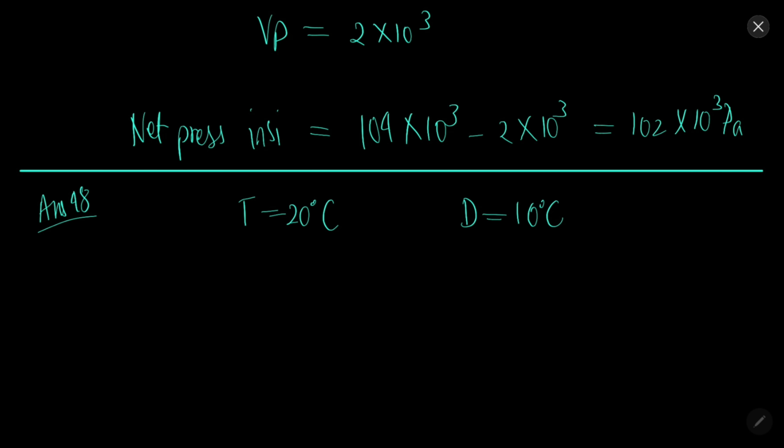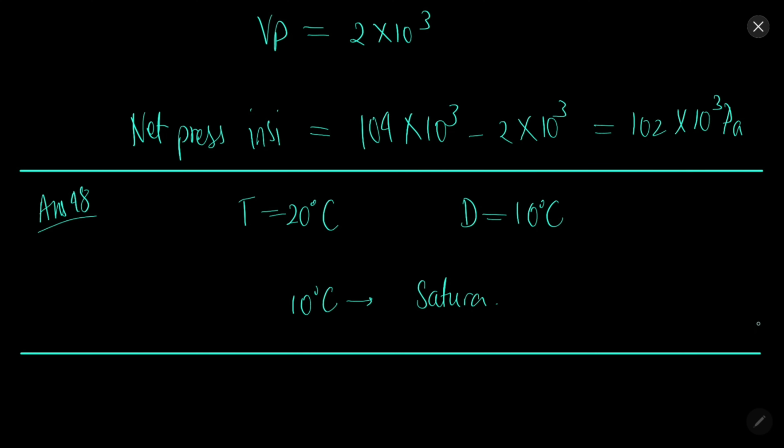So this means the place is saturated at 10 degrees Celsius. So if the temperature is dropped below dew point, it will remain unaffected, because at 10 degrees Celsius the place is saturated. So if it is dropped below that, dew point will remain 10 degrees Celsius only.